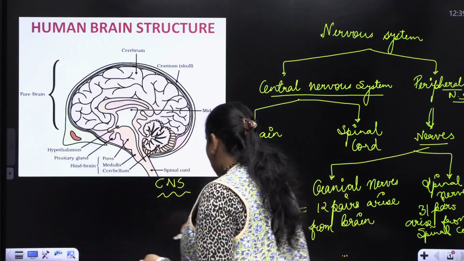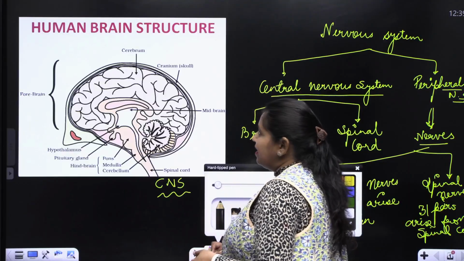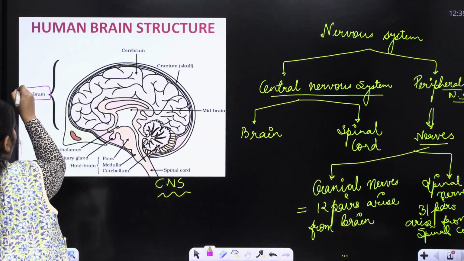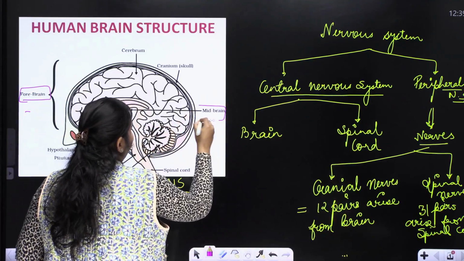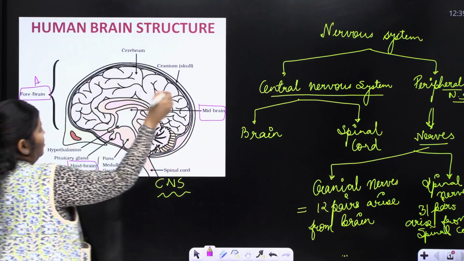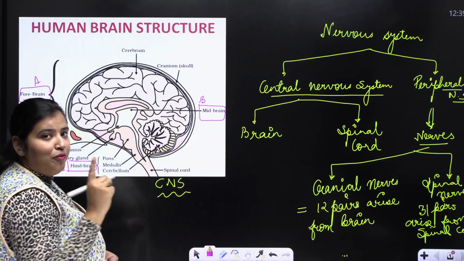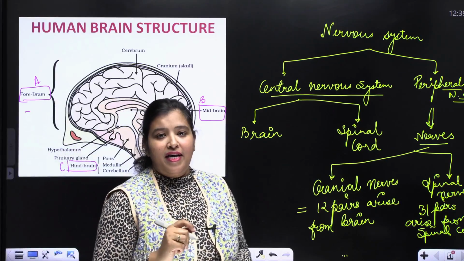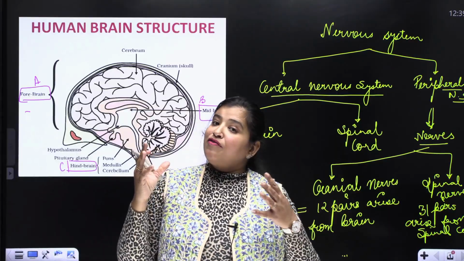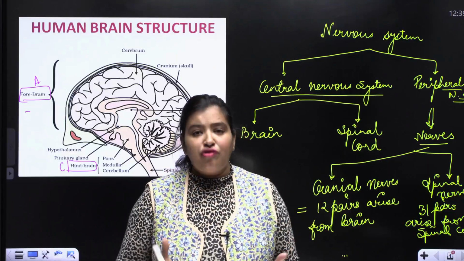Right. Now, let us have a look at the parts of the brain. The human brain mainly comprises the forebrain, the midbrain, and the hindbrain. These parts are further subdivided, because the functioning of the body is so complex that the work needs to be distributed.